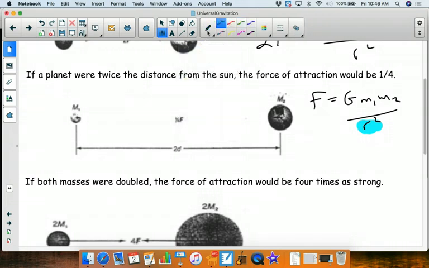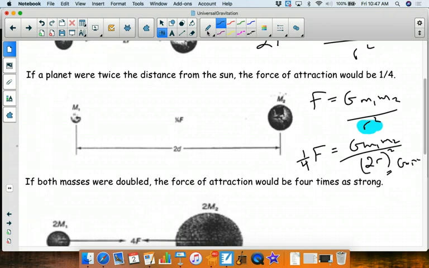If you double the distance, you get 2r in there, so you have G m1 m2 over (2r) squared. 2 squared is 4, so this is actually 1/4 of the force now, because this becomes G m1 m2 over r squared with a 1/4 in the front.